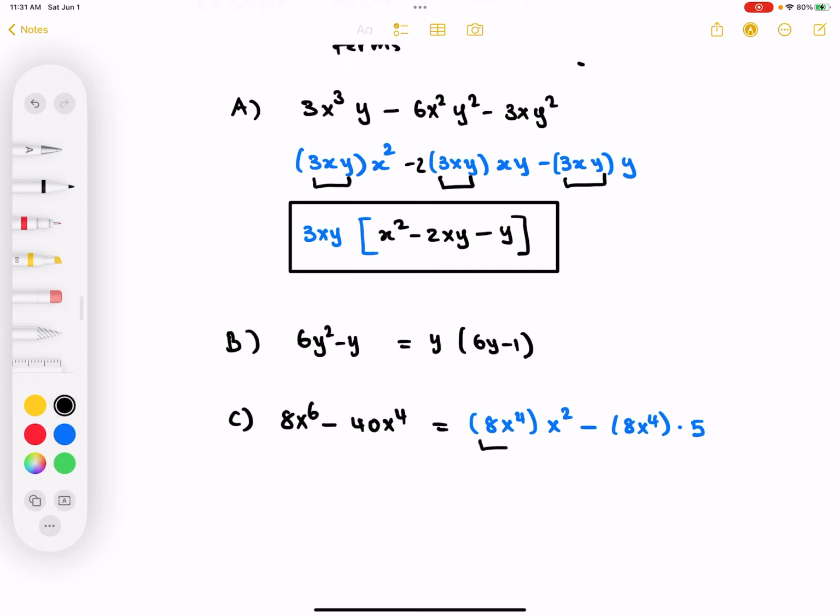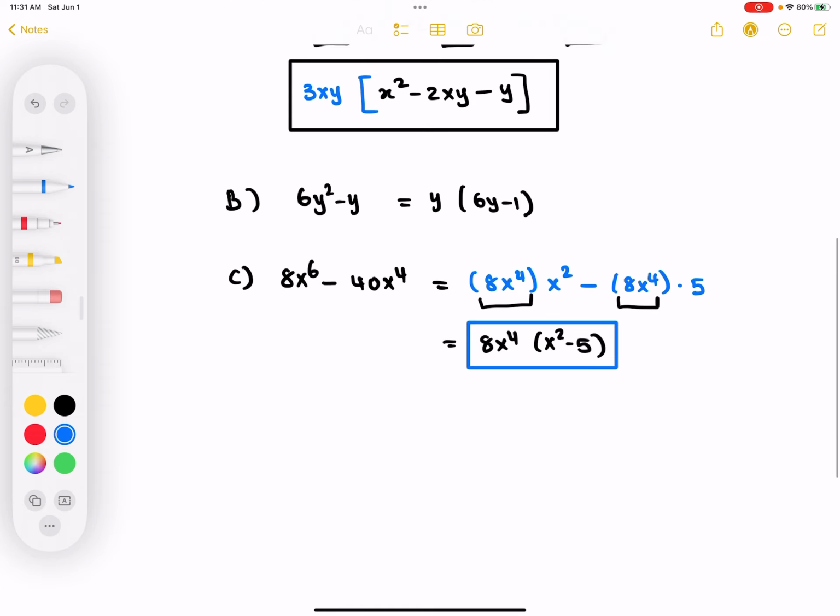Now look at the common term. When you take out the common factor 8x to the 4th, you get x squared minus 5. So this is the final answer for the factoring of 8x to the 6 minus 40x to the 4th.